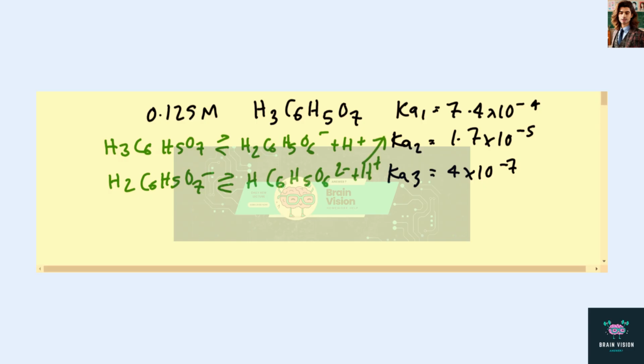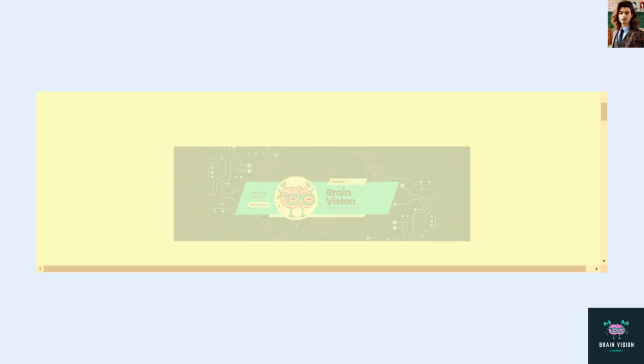Also correspond to the second Ka. And then the third equation will correspond to the third acid dissociation constant. And we can do the same thing as we did before.